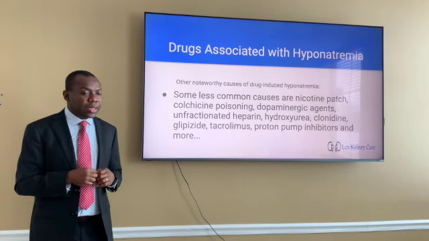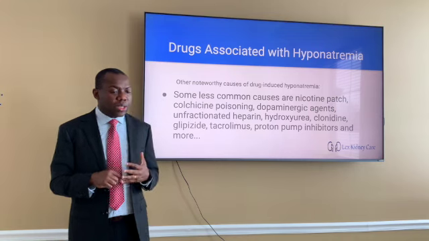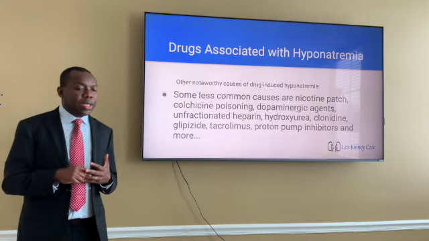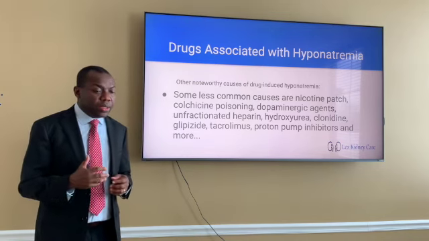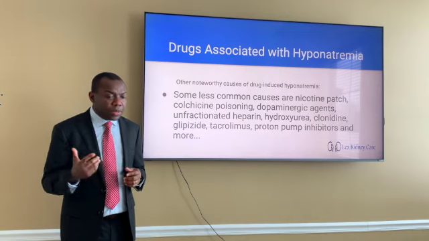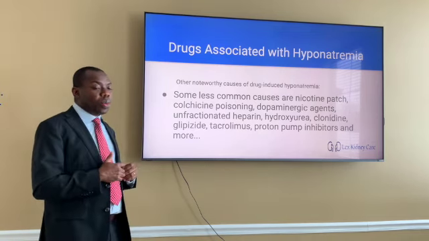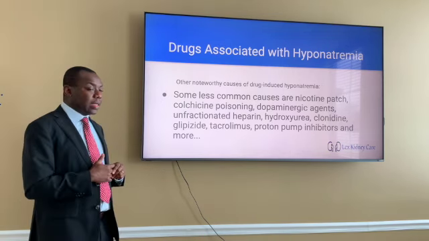Now, drugs associated with hyponatremia a lot. So this is where colchicine comes in, dopaminergic agents, unfractionated heparin, clonidine, hydroxyurea, tacrolimus, proton pump inhibitors, and glyphosate, all examples of drugs.